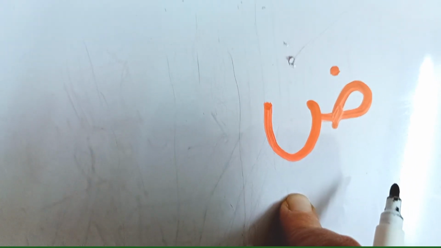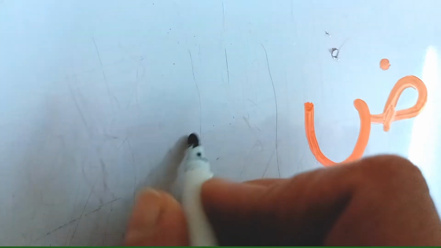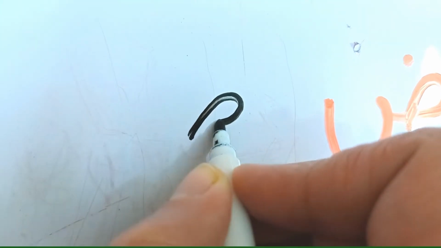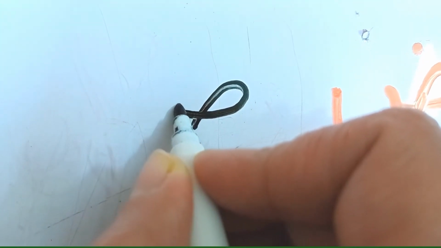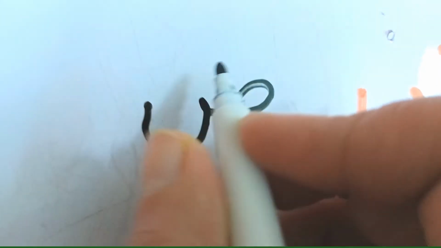The letter Dod. It has the same shape of the letter Sod, but with a dot above it. A semi-oval, then a semicircle.